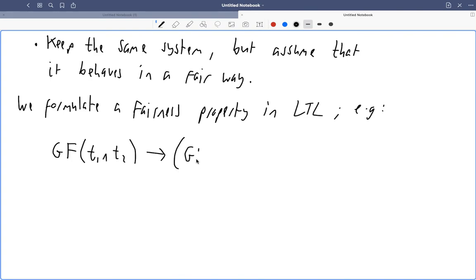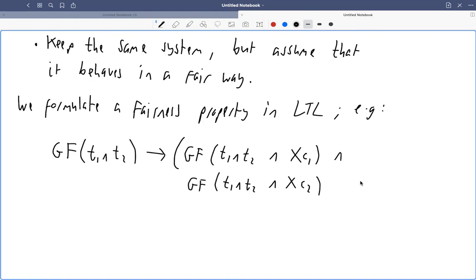So firstly, GF(T1 and T2 and X C1), and secondly, GF(T1 and T2 and X C2).